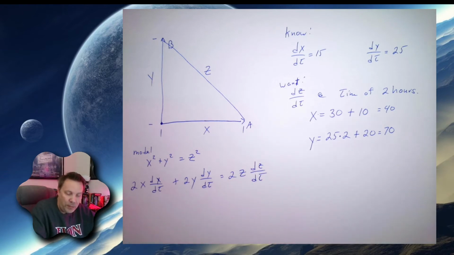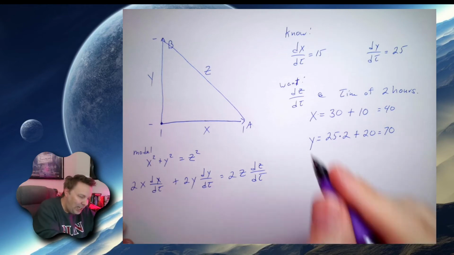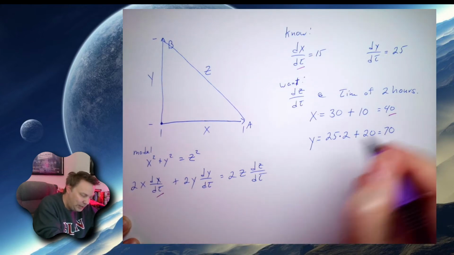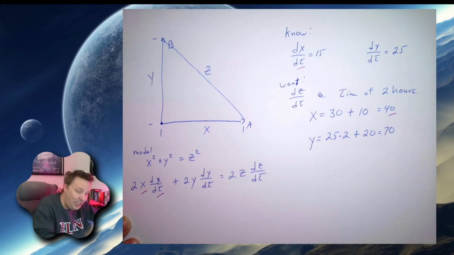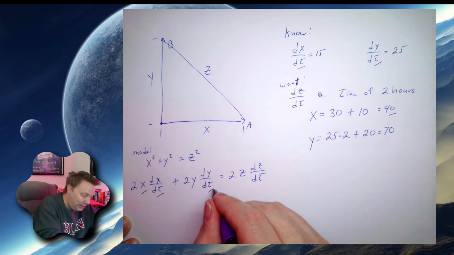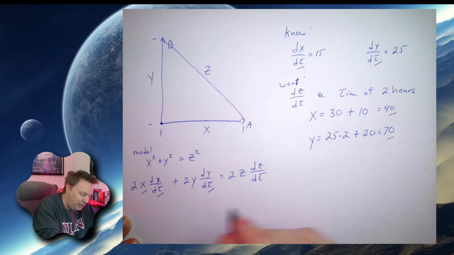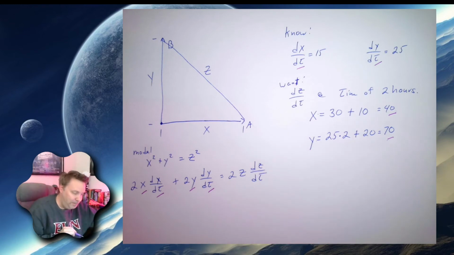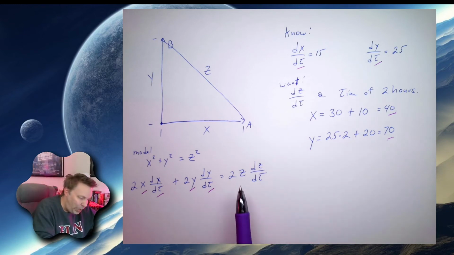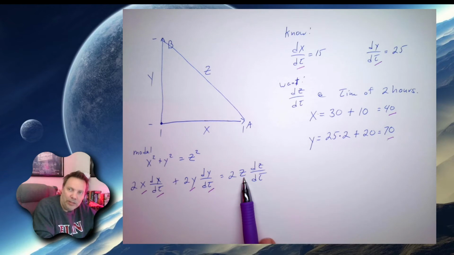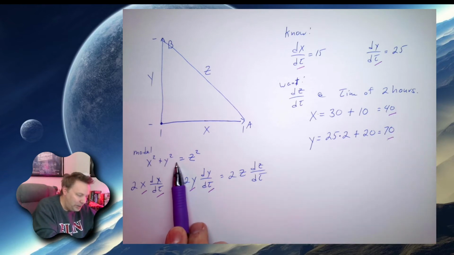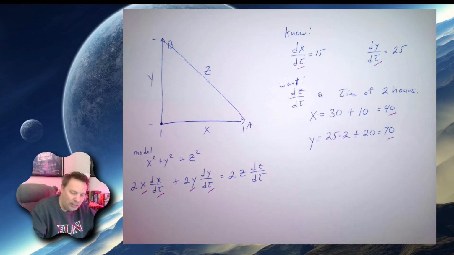So what pieces of information do we already have? Well, I know dx/dt. I know what x is, so that's good. I know what dy/dt is, and I know what y is. Our goal is to figure out dz/dt. If we could figure out z, we'd be in good shape. Well, if I know x and I know y, we know how this relates.